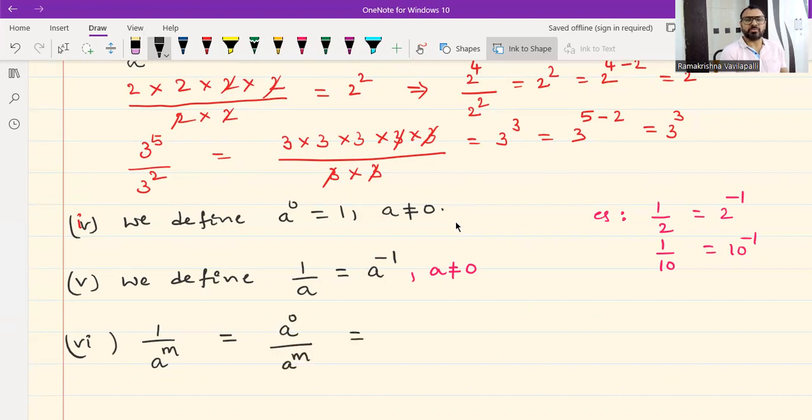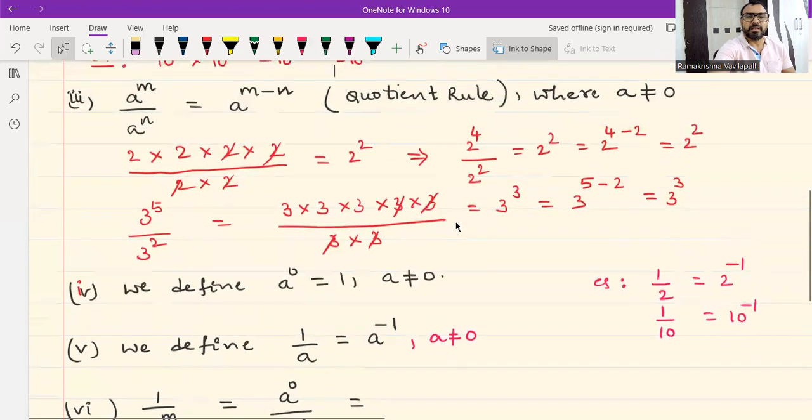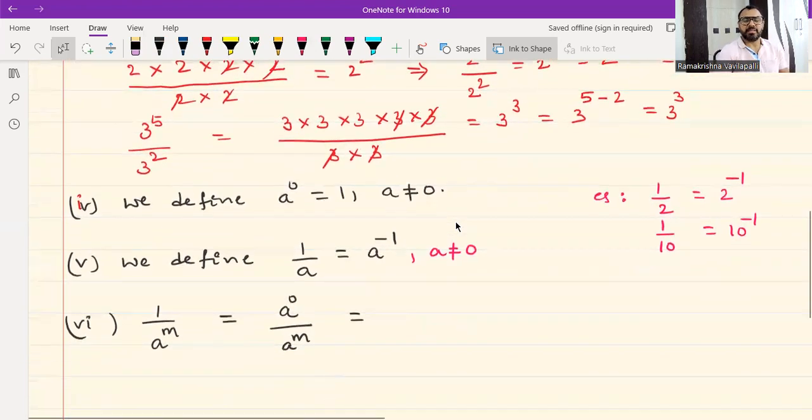This is equal to, just see the quotient rule. Here a to the power of m by a to the power of n equal to a power m minus n. So the same concept can be applied here. So we write a to the power of 0 minus m. Therefore this is equal to a to the power of minus m.